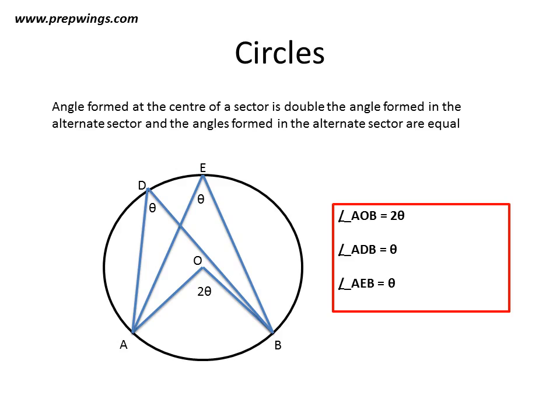So if angle AOB is 2 theta, then any angle made in that sector will be theta. That means angle AEB is theta and angle ADB is theta. So that means two things: angle ADB is equal to angle AEB, and also angle ADB is half of angle AOB. This is what this theorem means.